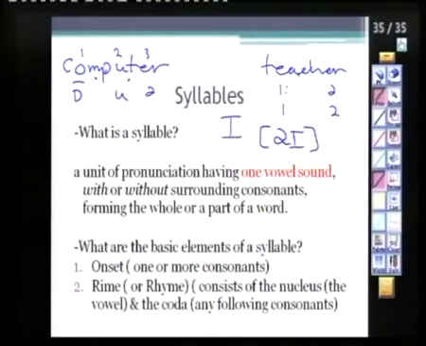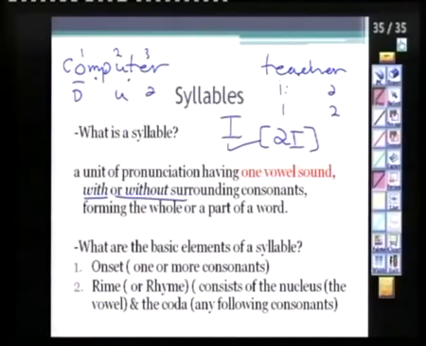Do you have any consonants? No. So consonants are not important in syllables. The most important part of the syllable is the vowel. So if you have 1 vowel, 1 syllable. Good? Okay. So we said a unit of pronunciation having 1 vowel sound with or without surrounding consonants. You see this? With or without.